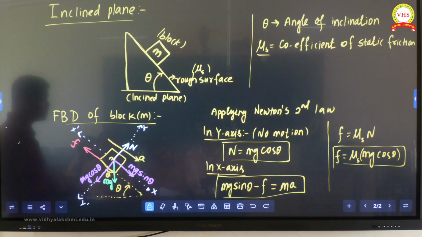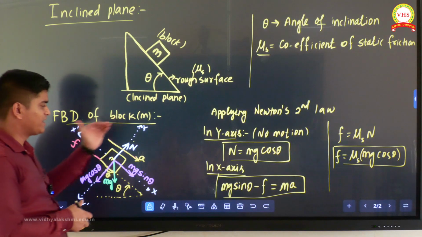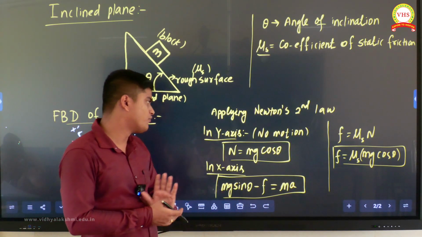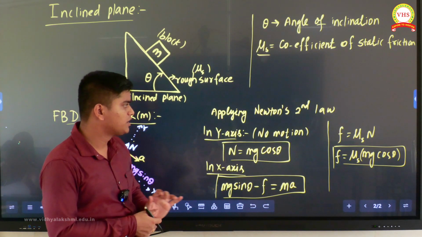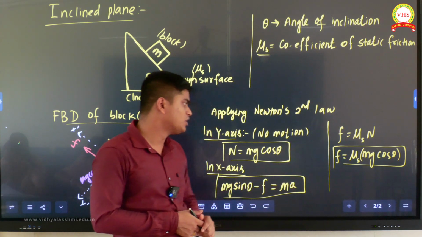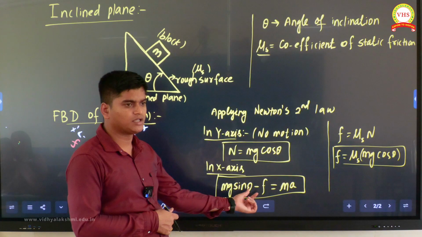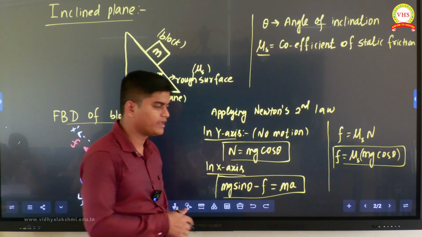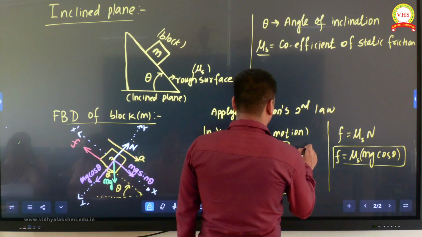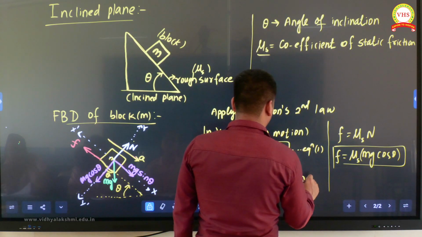Now all of you listen. What happened here? You wrote the y-axis and x-axis force equations, and also you wrote the friction value. Now if I substitute this friction value in the x-axis equation, then I will get the acceleration. Now let's substitute and get. So this is your equation 1. This is your equation 2.